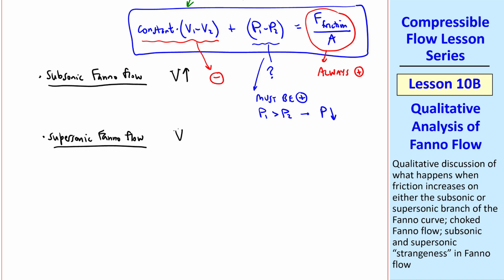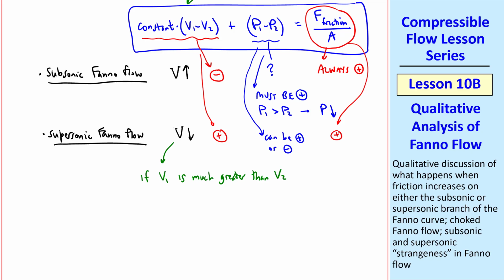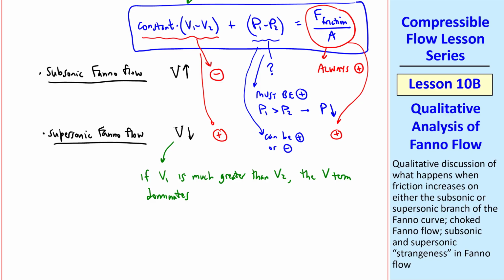On the supersonic branch, we know that V goes down, so this term is positive, and this term, of course, is still positive. Thus, the pressure term can be positive or negative. So how do we know which it is? Well, if V1 is much greater than V2, the V term, namely this term, dominates.